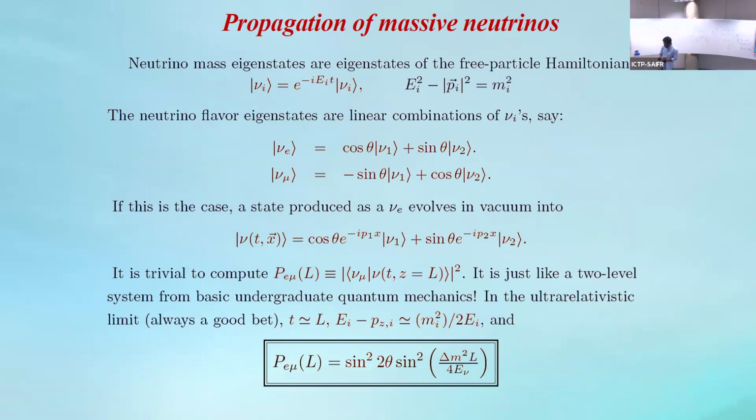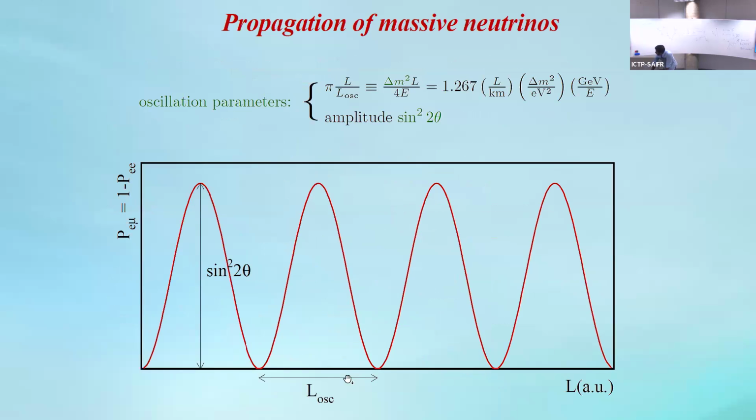You can write it in terms of mixing and mass splitting, and it depends on the length and the energy of the neutrino. Here I am showing that if electron neutrino starts with probability 1 and travels a certain distance, then due to oscillation it will change into different flavors, and you can get non-zero probability of other flavors.